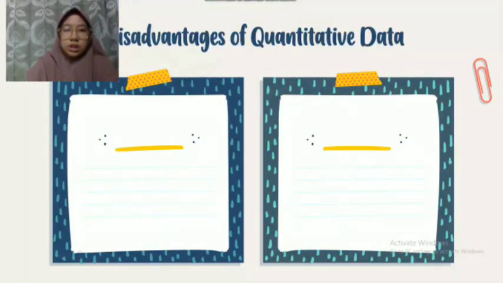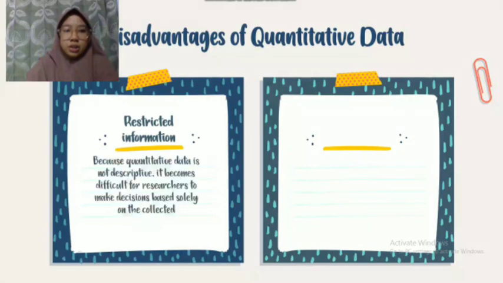Disadvantages of quantitative data. Some of the disadvantages of quantitative data are: restricted information. Because quantitative data is not descriptive, it becomes difficult for researchers to make decisions based solely on the collected information.